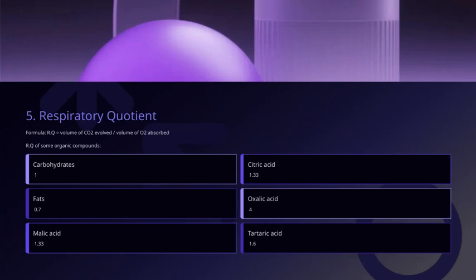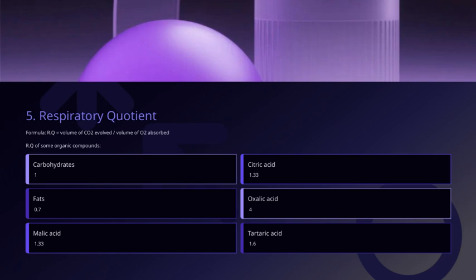Now, let's look at the respiratory quotient, or RQ, of some common organic compounds. As you can see here, tartaric acid has an RQ of 1.6, which indicates it produces more carbon dioxide relative to oxygen absorbed during respiration. Oxalic acid and citric acid both have an RQ of 1.33, suggesting a similar pattern in their metabolic processes.